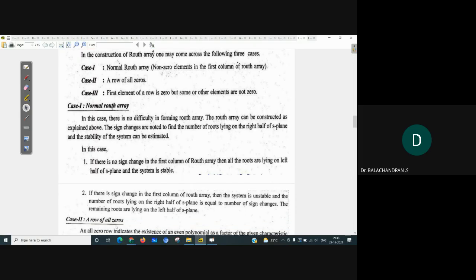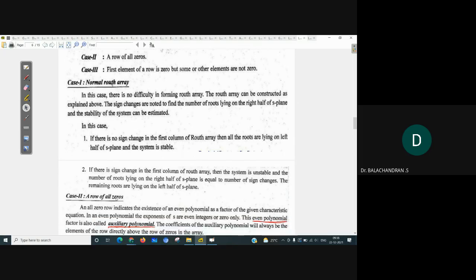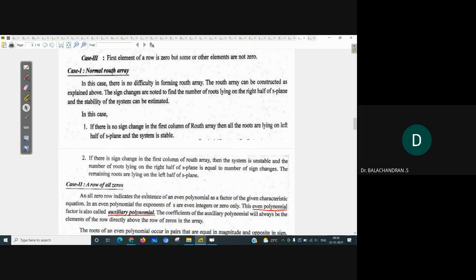Case 2, a row of all zeros. You should concentrate a little bit on this one.